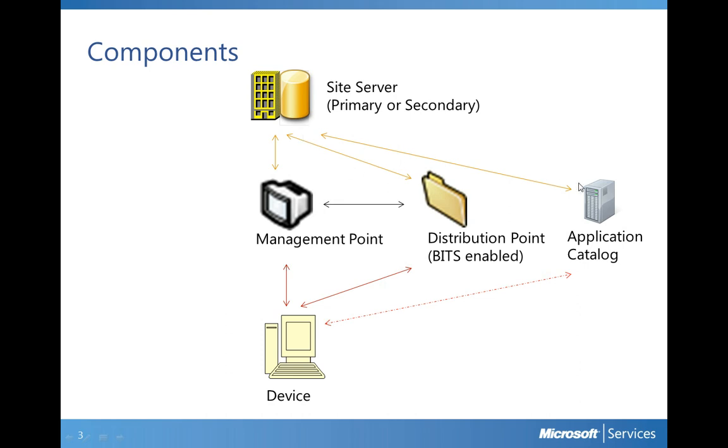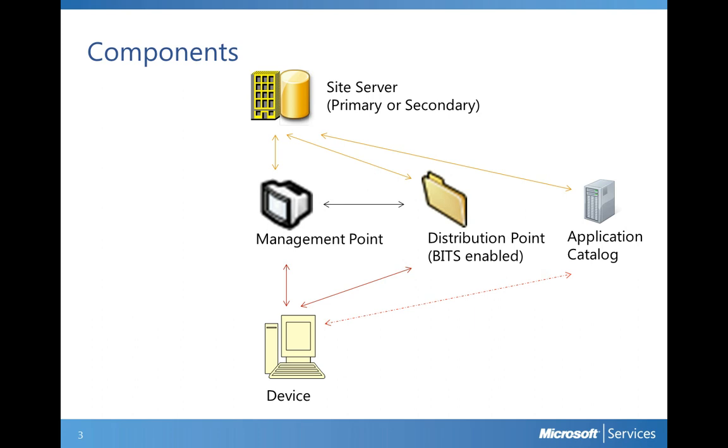It also will talk to the application catalog. So if you target your deployment to a collection of users or user groups, then that makes the deployment eligible to be in the application catalog. So it will stage it there, or better said, it will be available whenever you query the application catalog through the back and forth discussion of the site server and the application catalog.